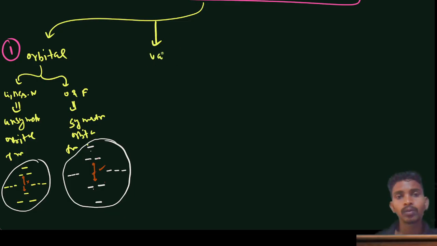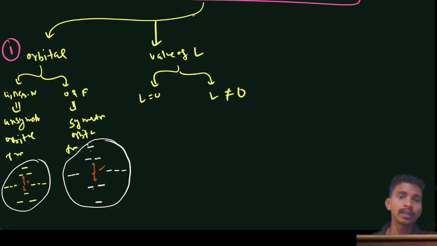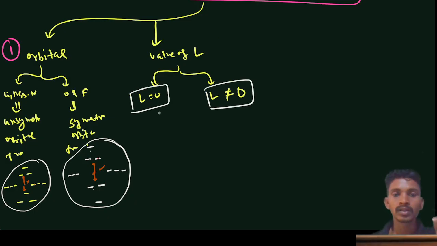I will look at the value of L. First, if L is not equal to 0, that is one case. If L is equal to 0, then there are also two conditions. If L is 0, you have to go for two conditions.